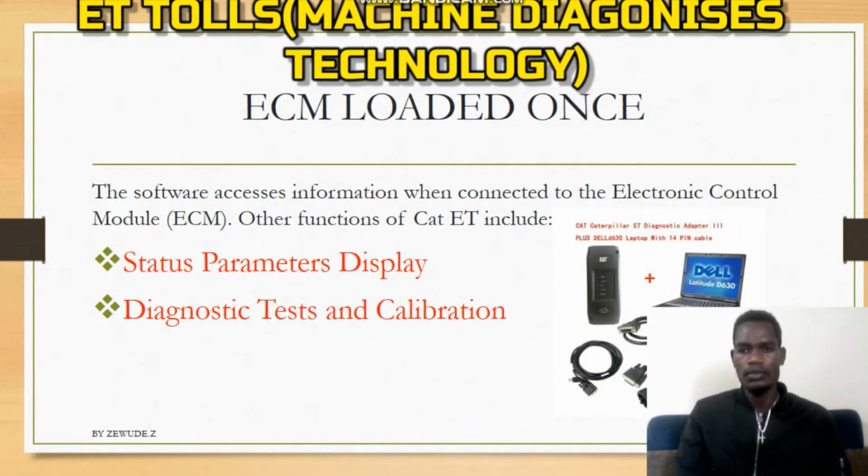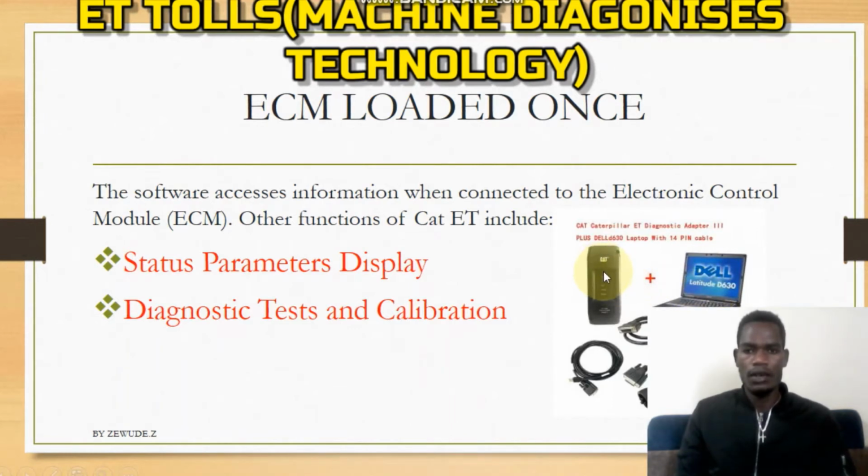The ET tool has, by the way, three or four most important components. The first one is the user interface, a personal computer. Then there is the communication adapter, an interfacing device between the personal computer and the machine's internal kinematics.